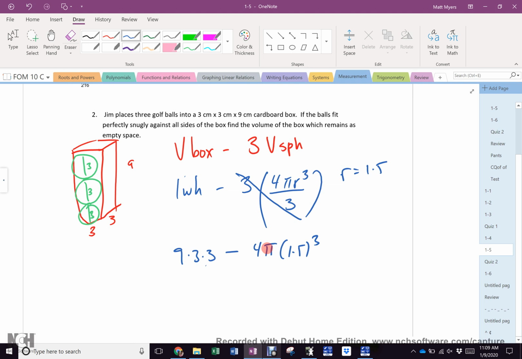What do you get? 38.6. What are some other answers? I want to see if we're getting it. 38.6. 38.6. Why is this one okay? Because there's no division. Right? There's nothing in the way.